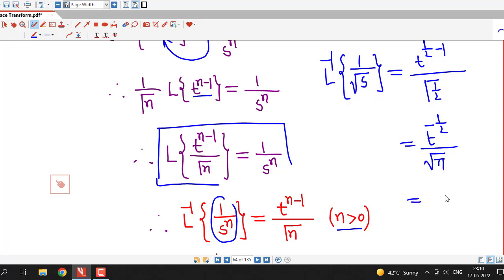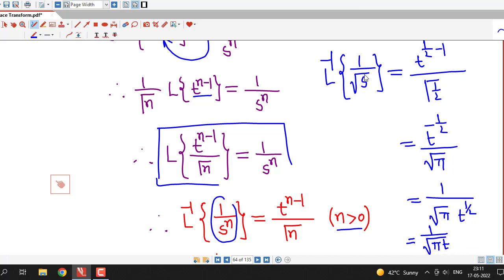This t raised to minus 1 by 2 can be rewritten as 1 divided by t raised to 1 by 2, which means square root of t, so we have 1 divided by square root of pi t.